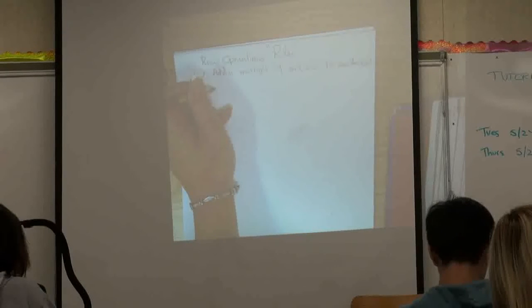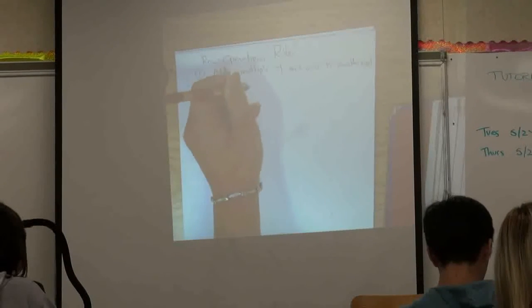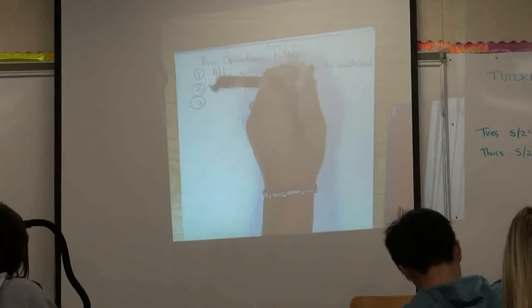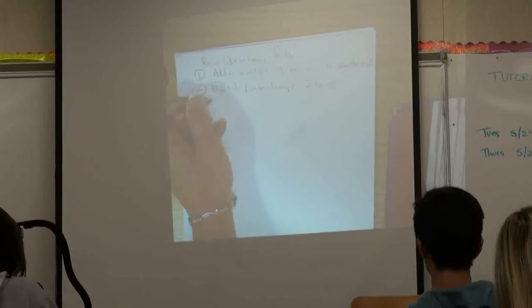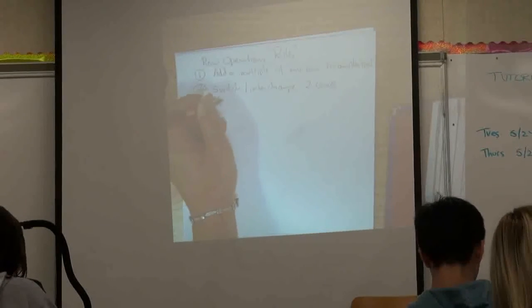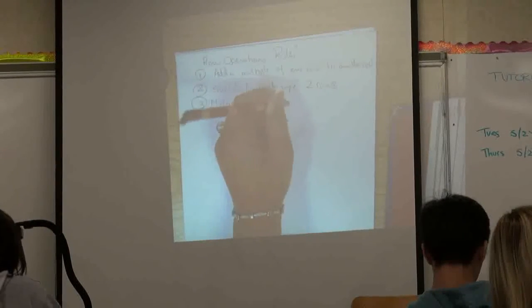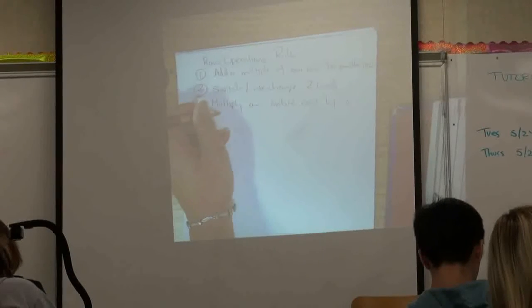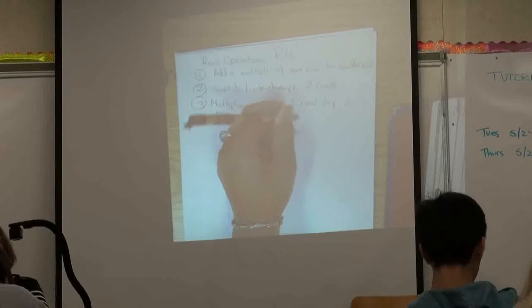You could interchange, switch or interchange 2 rows. What else could you do? Multiply an entire row by a non-zero number.